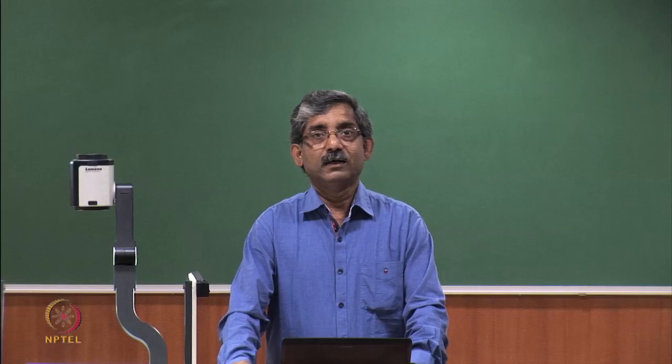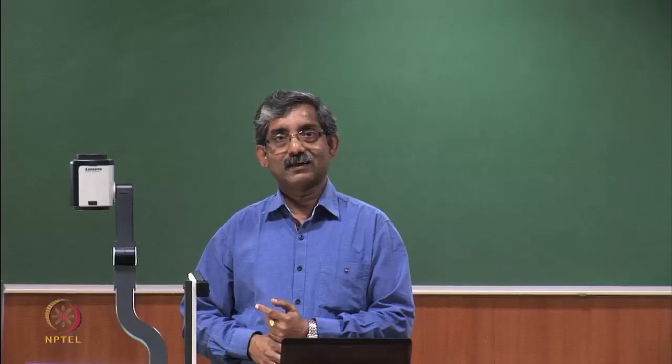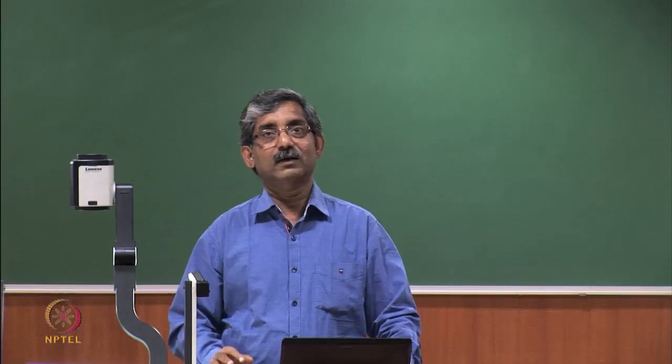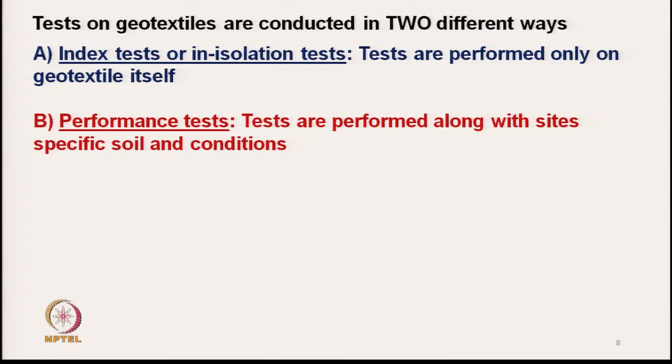There are two different types of test which are conducted on geotextiles. One is called index testing, or in-isolation test, which we actually test in laboratory conditions. So, only the tests are performed on geotextiles.